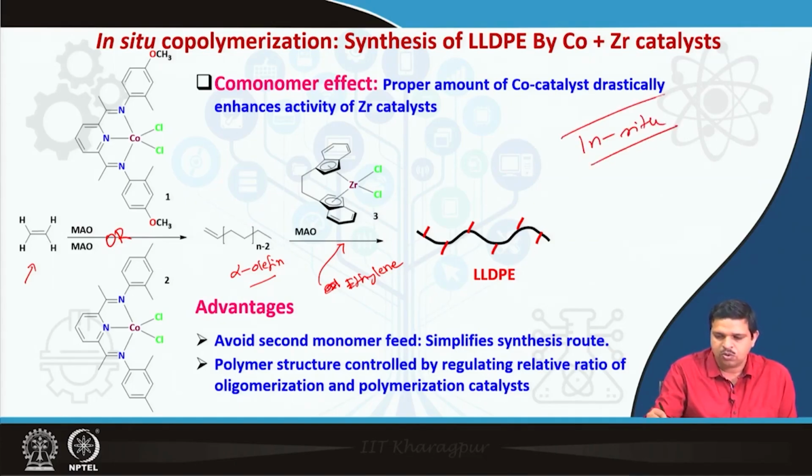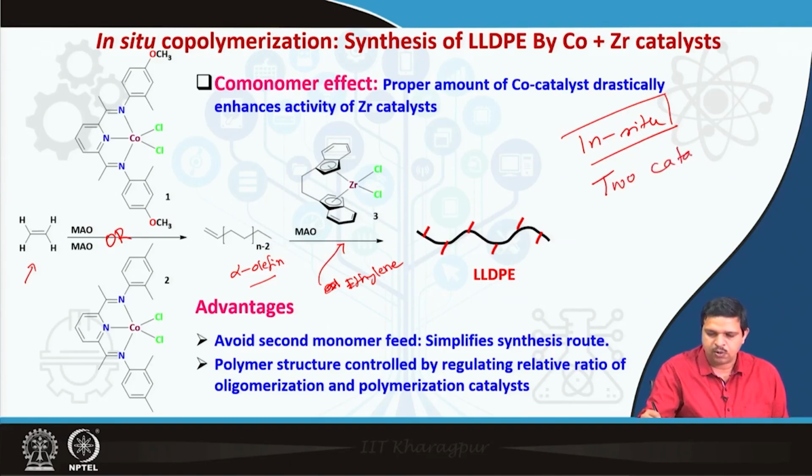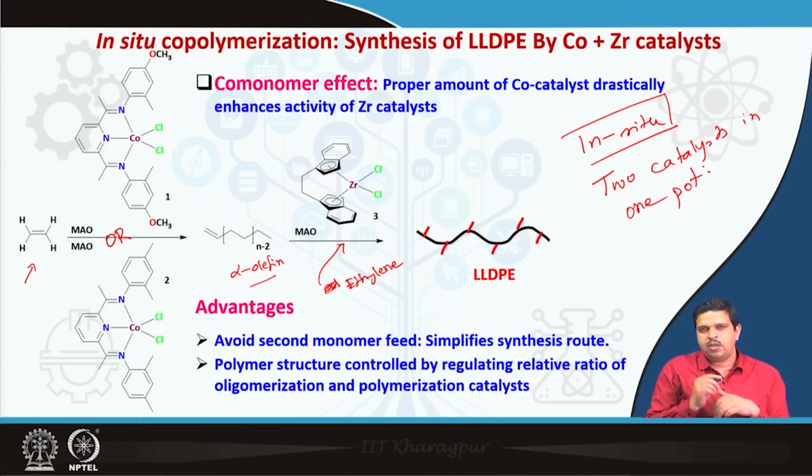There is no need for two separate chambers: in situ copolymerization. So this is basically the two catalysts in one pot.